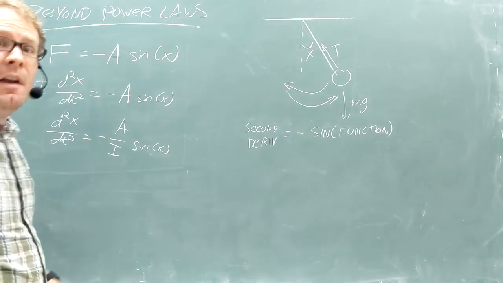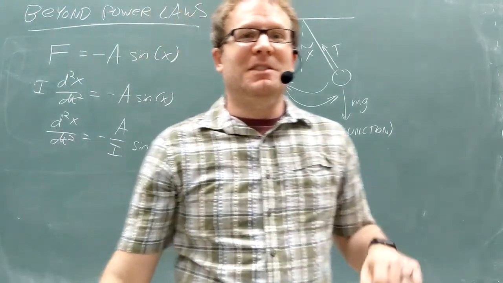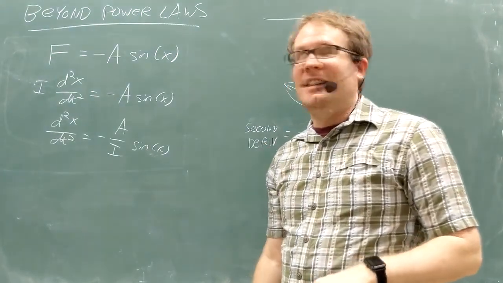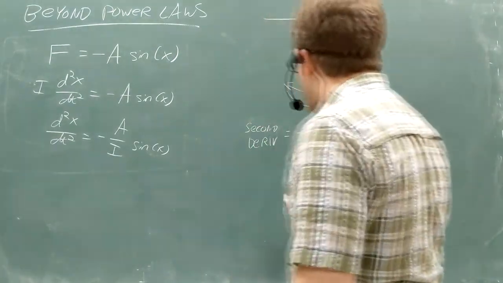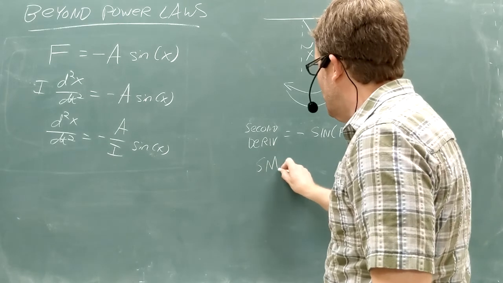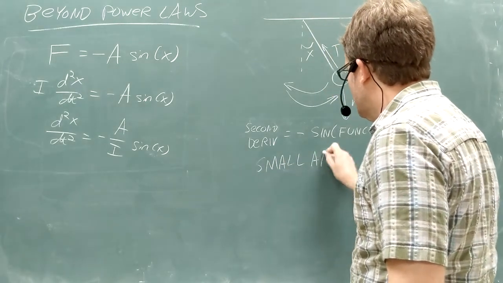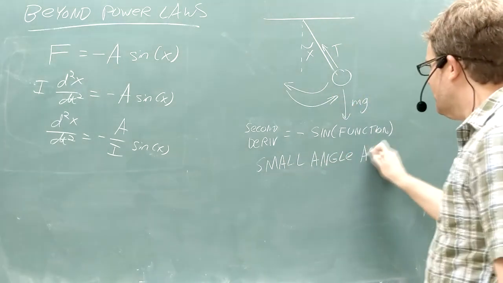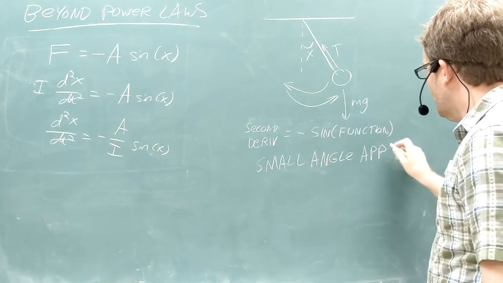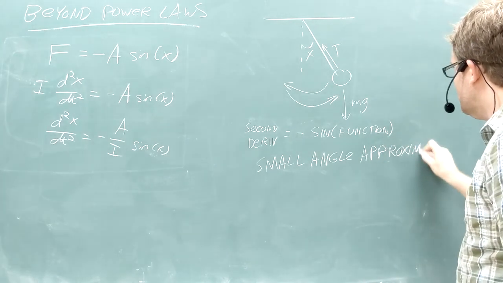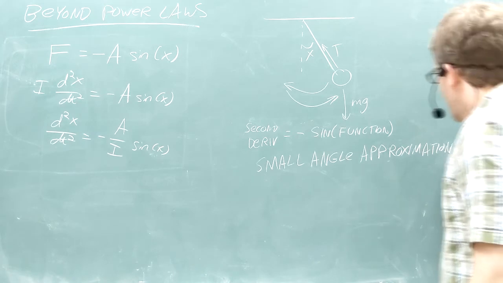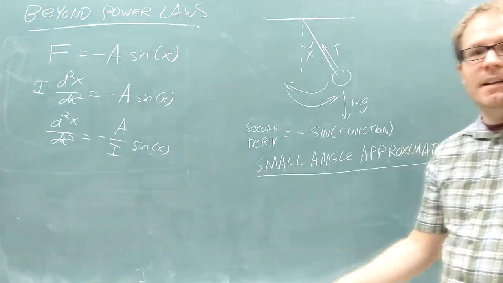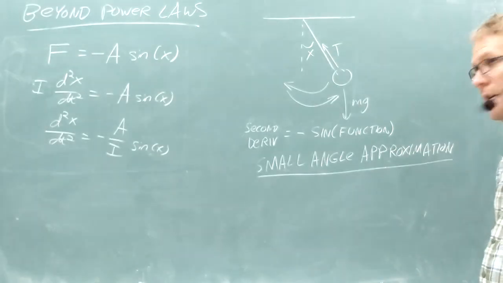We have to put this into a code. But we can do a little bit to try to understand it. Because since we're dealing with a sine here, there's this interesting thing called the small angle approximation. As a physicist or engineer or scientist in general, the small angle approximation is one of your best friends.